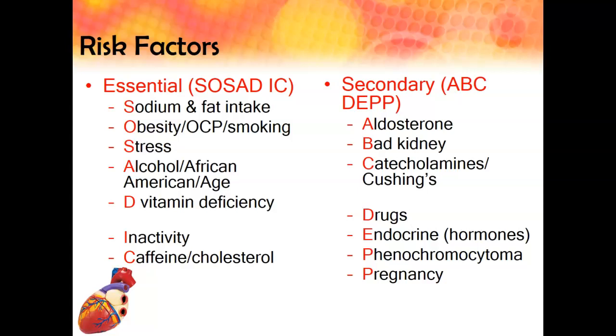Secondary hypertension, we can put it as ABC DEP: aldosterone, a bad kidney, catecholamines, Cushing's disease, drugs, hormones in terms of the endocrine, pheochromocytoma, if you remember that, which is a tumor of the adrenal glands, and pregnancy as well.